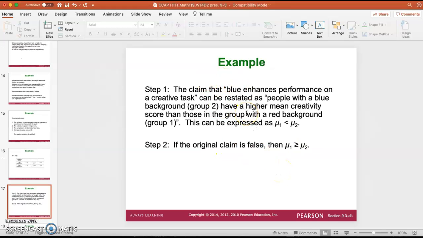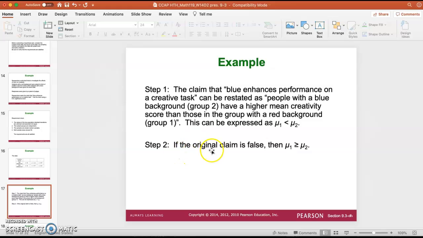So just going through a hypothesis test and steps now. The claim that blue enhances performance on a creative task can be restated as people with blue backgrounds have a higher mean creativity score than those in the group with the red background, group 1. That can be expressed as mu sub 1 is less than mu sub 2.